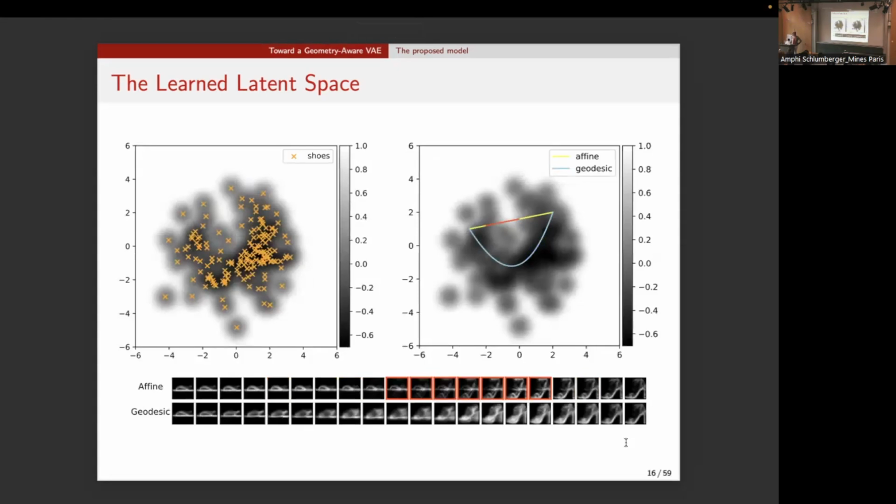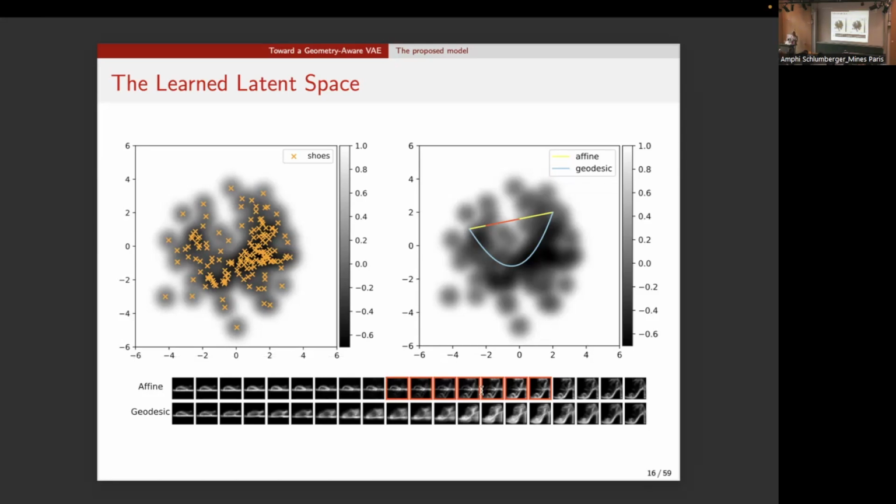So we did it for shoes. So this is Fashion MNIST. Clément tried with many other databases, but this one is really funny. So for shoes, there's no cluster, right? So if you try to go from one slipper here to a heel shoe, well, if you go straight, at some point you have shoes with 2 stages.